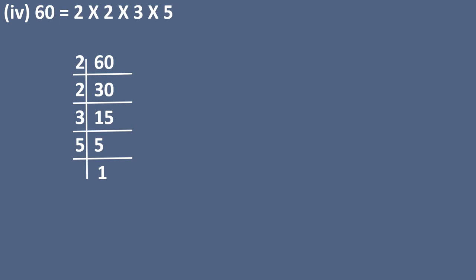Yes, 3 fives are 15. Now 5 is divisible neither by 2 nor by 3. So what is the next prime number? 5. So 5 ones are 5. So the prime factorization of 60 is 2 multiplied by 2 multiplied by 3 multiplied by 5.